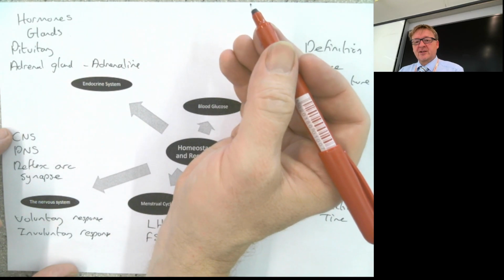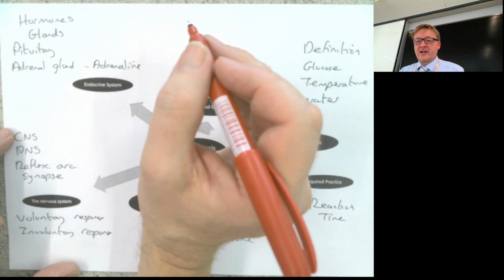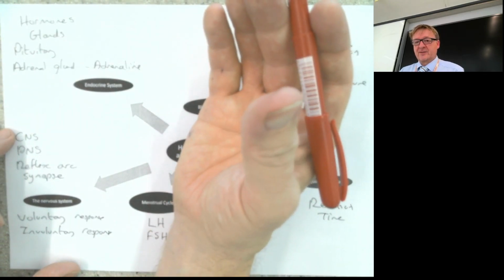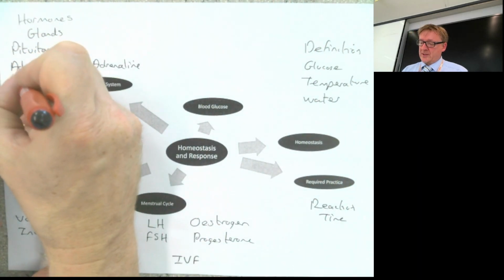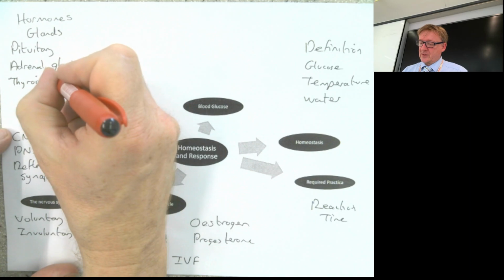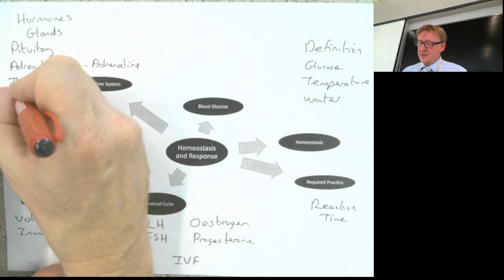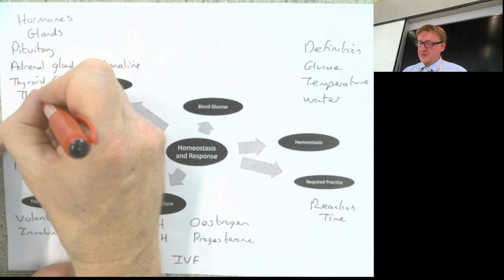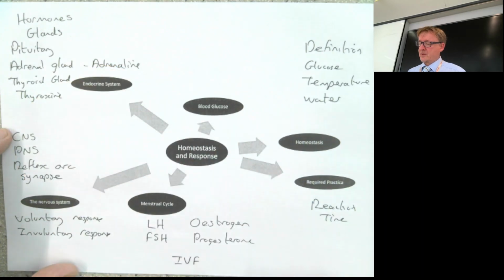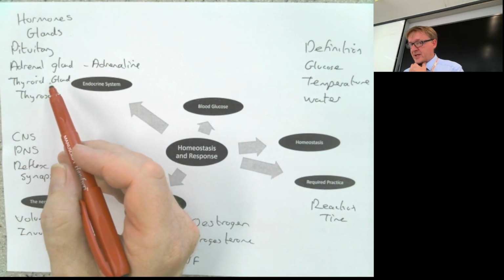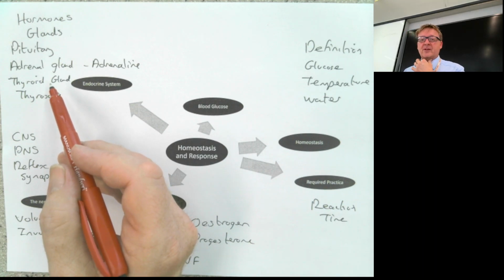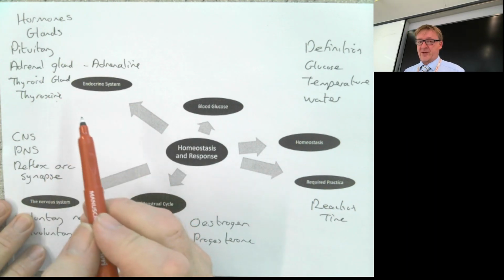And you need to look into what effects adrenaline has. Increases your heart rate, effects like that. And the other one is the thyroid gland, that produces thyroxine. The thyroid gland is the one that controls metabolism, which is in your neck. So you need to know details of what thyroxine does.